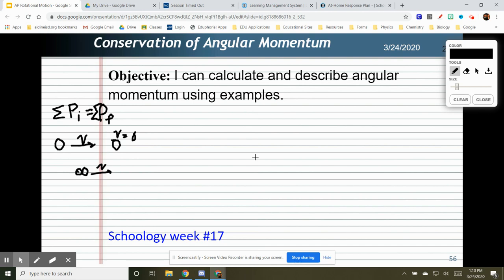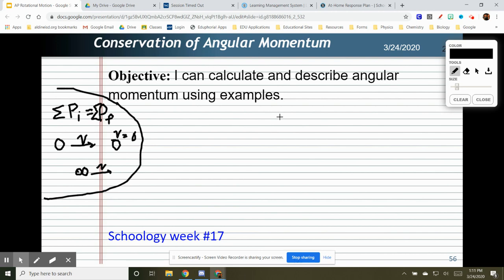I hope all those little ideas came back to your memory. So this is linear, right? And in this last rotational motion unit, all we do is take topics that we've already learned and apply them with the rotational variables.